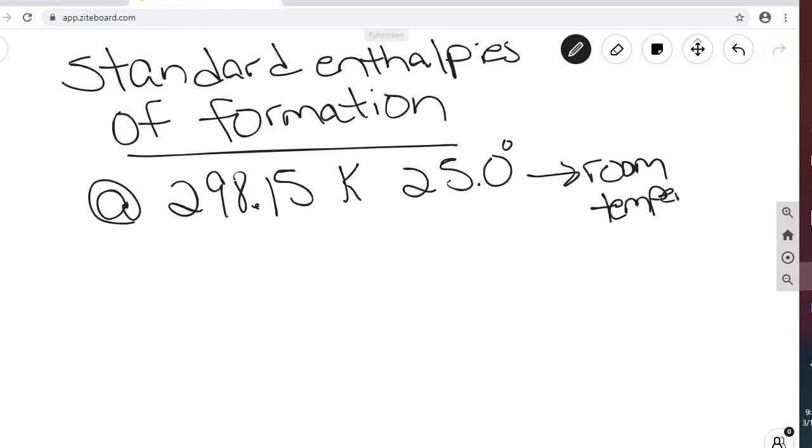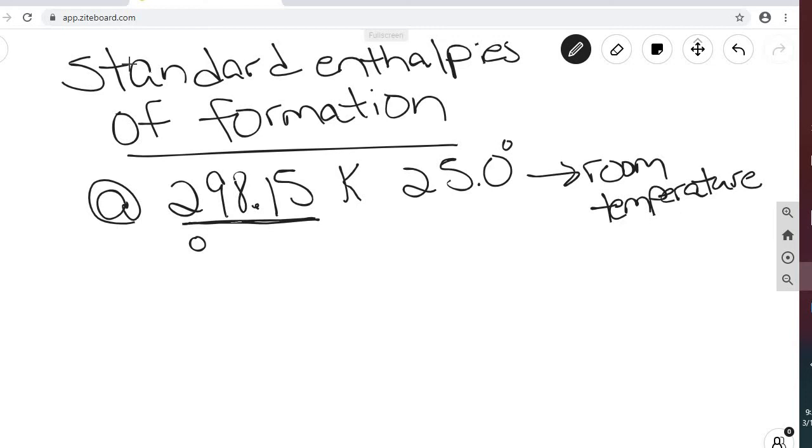So these numbers could not apply for reactions performed at anything except room temperature. When you look at the chart, you'll see a little 0 next to the units, and that 0 signifies that these values are true at 298.15 degrees K.